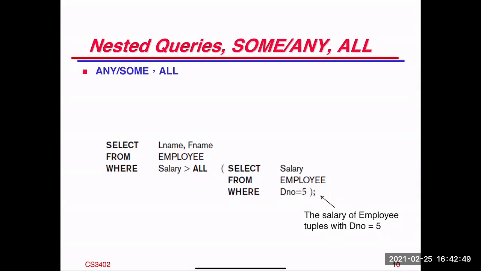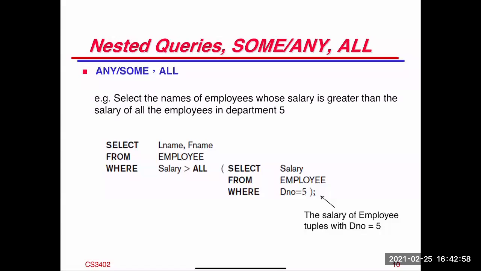And most of you got the correct answer. So this will select the names of all employees whose salary is greater than the salary of all the employees in department number 5.